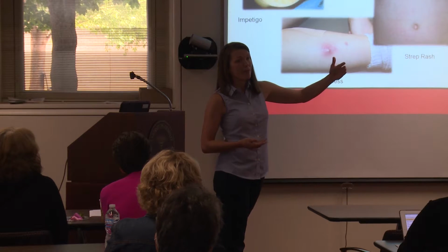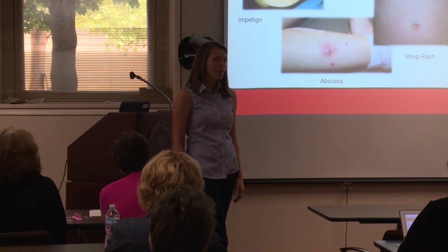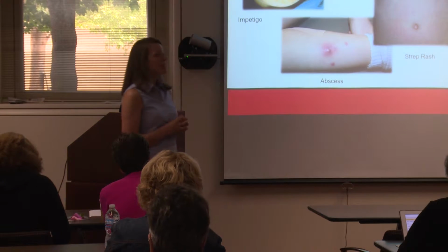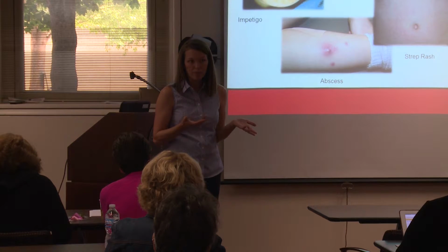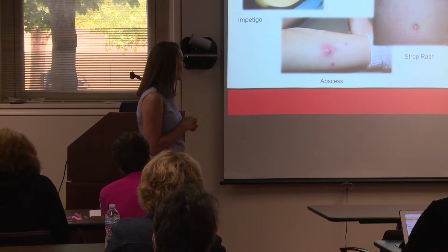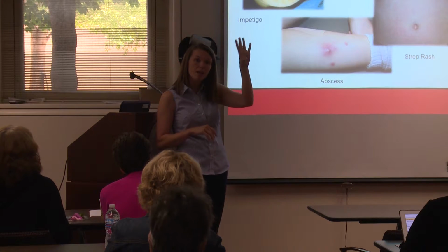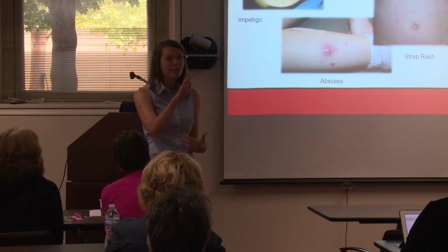But that bug has outsmarted those medicines, and now we can't use those anymore. So it's just a sign of antibiotic resistance. We still have antibiotics that work to kill it just fine. We just have to choose the right one. And yes, there are types of MRSA that can be very dangerous, and those are typically hospital-acquired, and this is typically community-acquired MRSA, so they operate very differently.